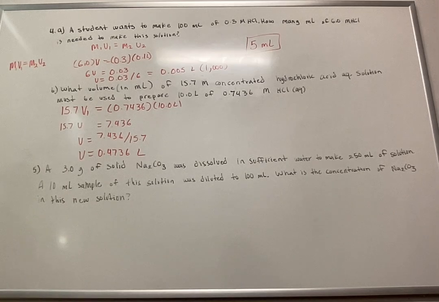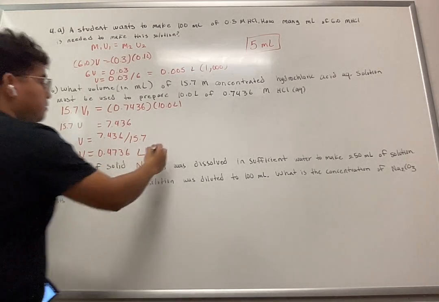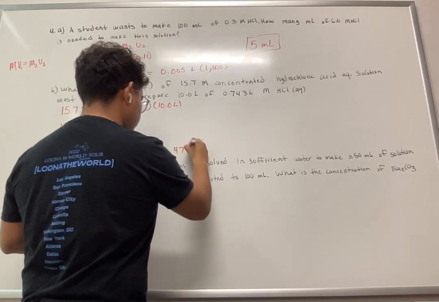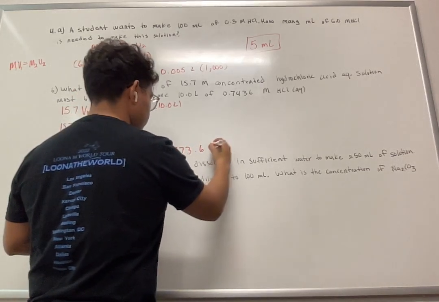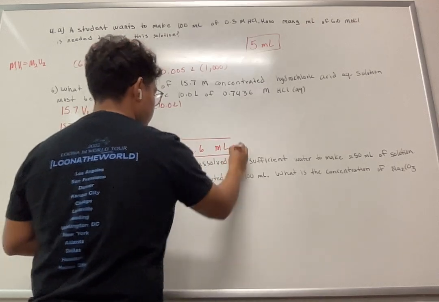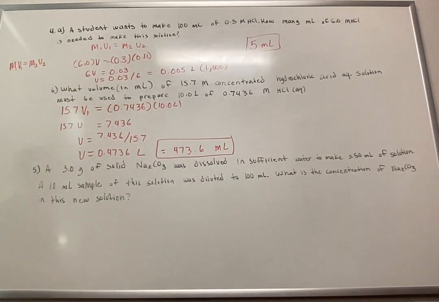But to make it into milliliters, we need to multiply times 1,000, and we get 473.6 milliliters. Final answer. Okay, 473.6.